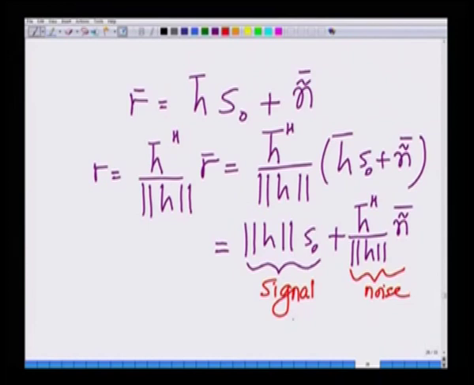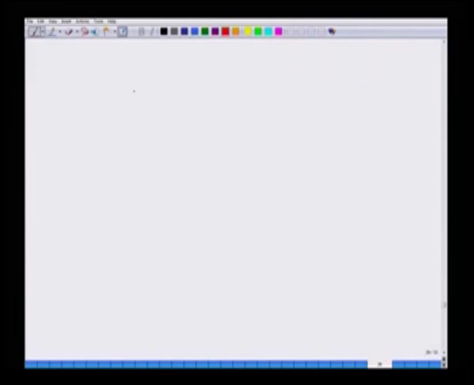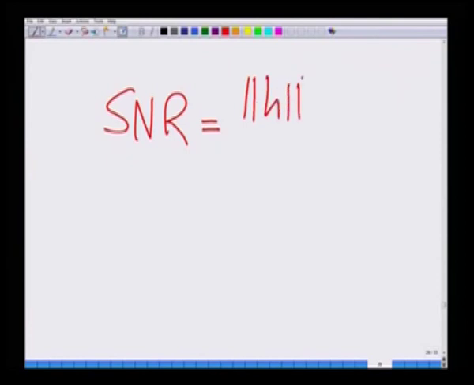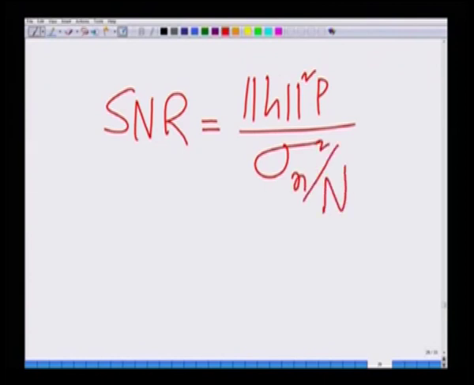Signal power is norm H square times power of the signal, which is P of 0, and noise is of power sigma n square divided by n. Hence, SNR is nothing but norm H square P divided by sigma n square over n.